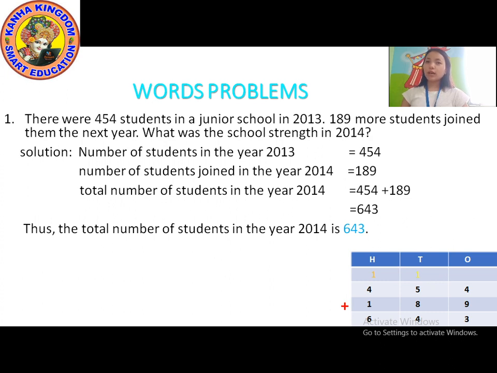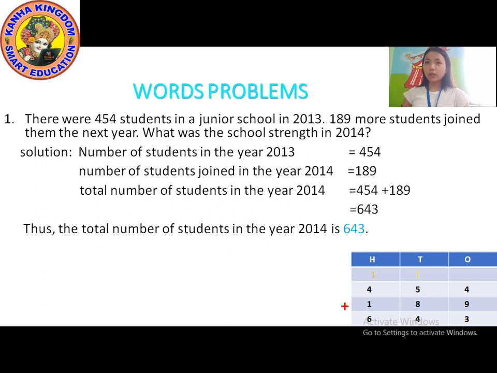Okay, so thus the total number of students in the year 2014 is 643. The total number of students is 643. So what you have to do is read the questions or the word problems clearly, and know what the word problem wants you to find out.